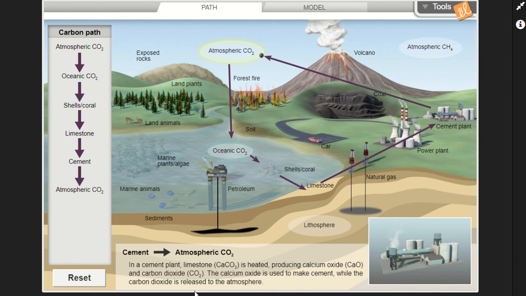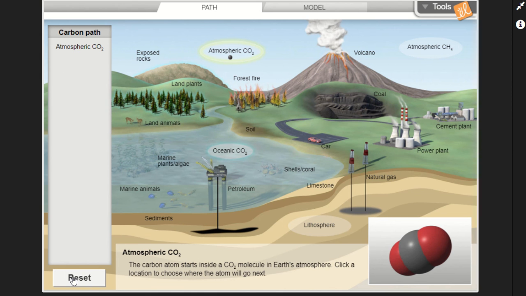At the cement plant, the limestone is heated, producing calcium oxide and carbon dioxide. The calcium oxide is used to make cement. Okay, so that's one way.